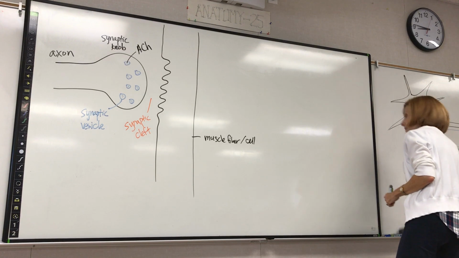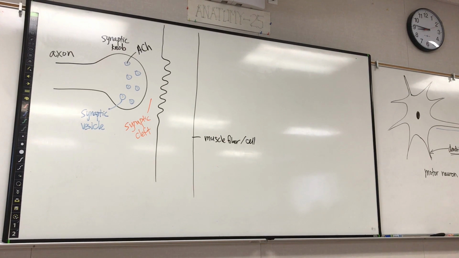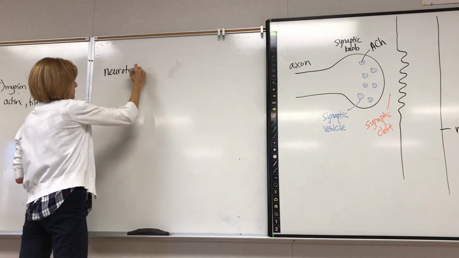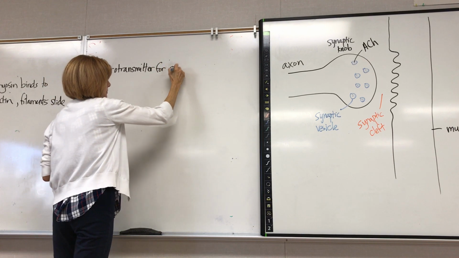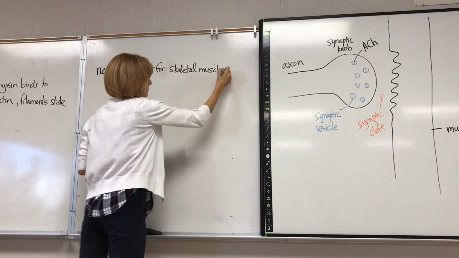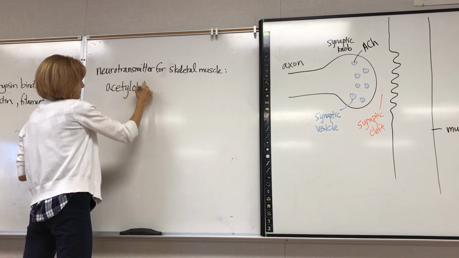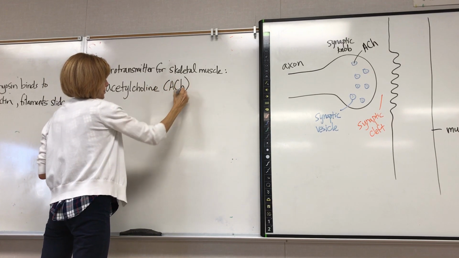Okay, so let me write this down over here. It is a chemical, stored in these little sacs, these little synaptic vesicles. It's acetylcholine. This is all one word, but it's abbreviated big A, big C, little h.